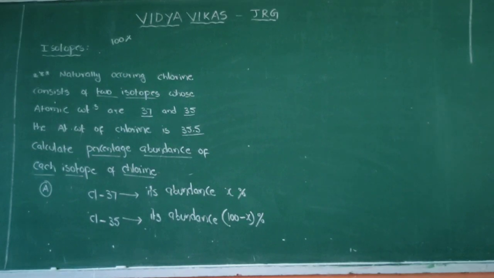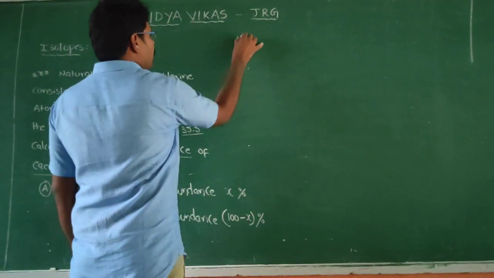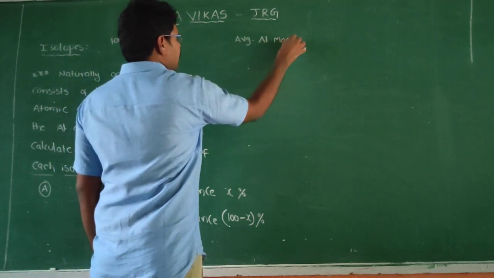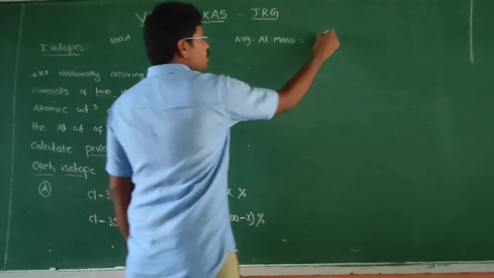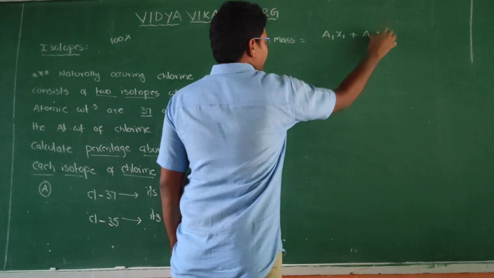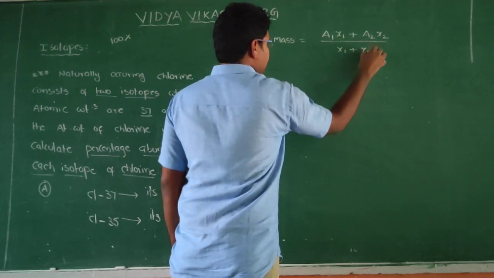So students, we are ready to calculate the average atomic mass now. Keep in mind, for two isotopes the formula is simply A1X1 plus A2X2 by X1 plus X2.